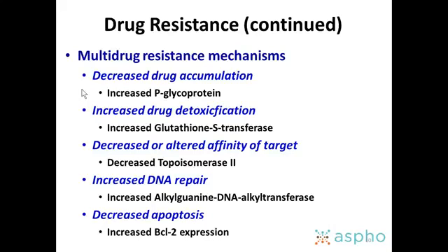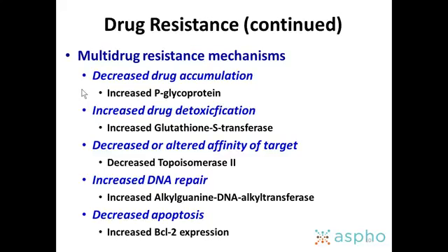You could also have increased resistance by MDR expression, which increases the P-glycoprotein pump on the surface membrane, which acts as an active efflux mechanism. We spoke about glutathione S-transferase, similar to cyclophosphamide. And then similarly, if there is less topoisomerase 2 activity, topoisomerase inhibitors are not really going to work.